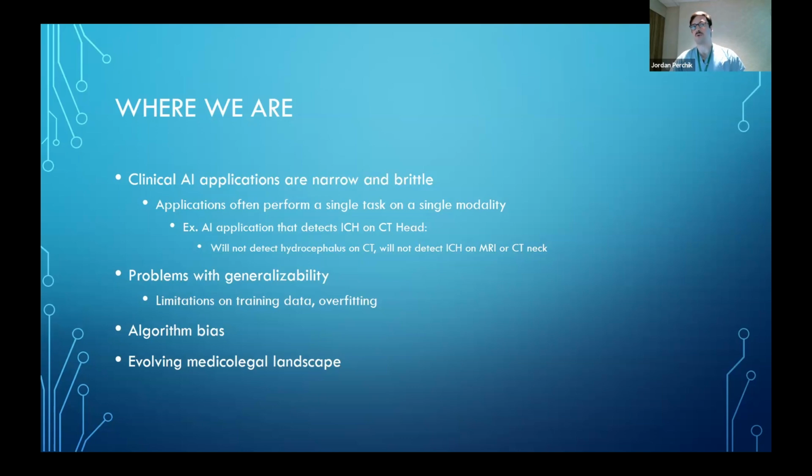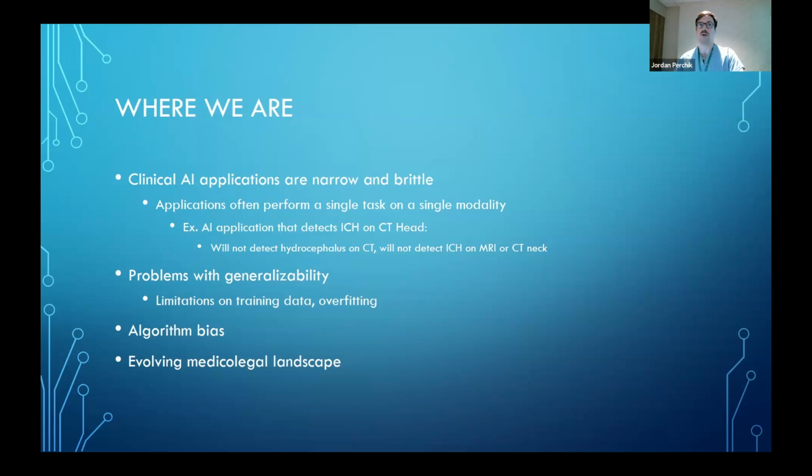Some of these other applications get trained, and they do very well in the literature, but there are problems with generalizability. They do very well on their own training data set, but getting out into the real world, where you have a wider variety in patient images and patient populations, they tend to degrade very quickly. And that's where we start thinking about algorithm bias as well.